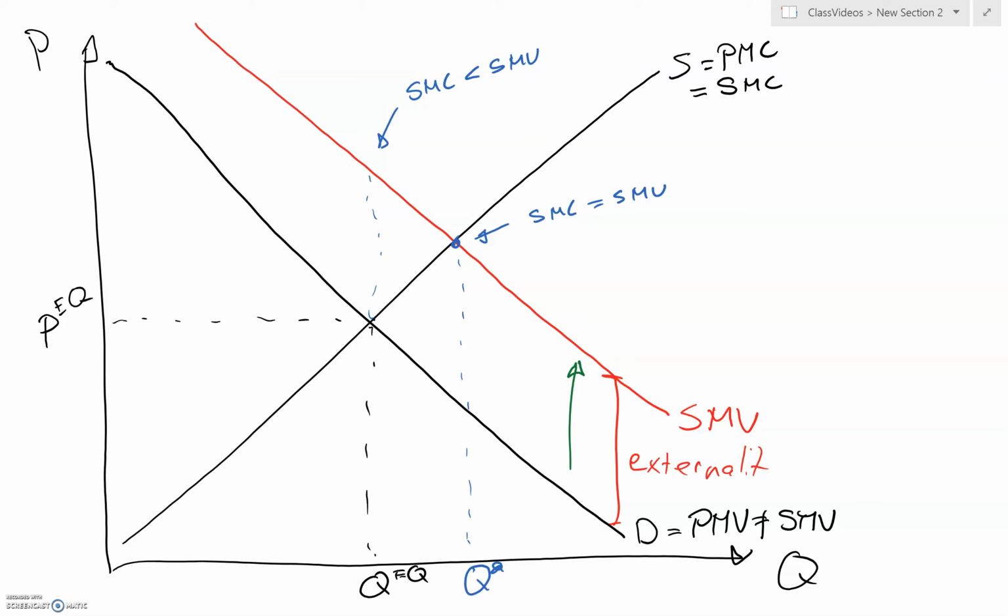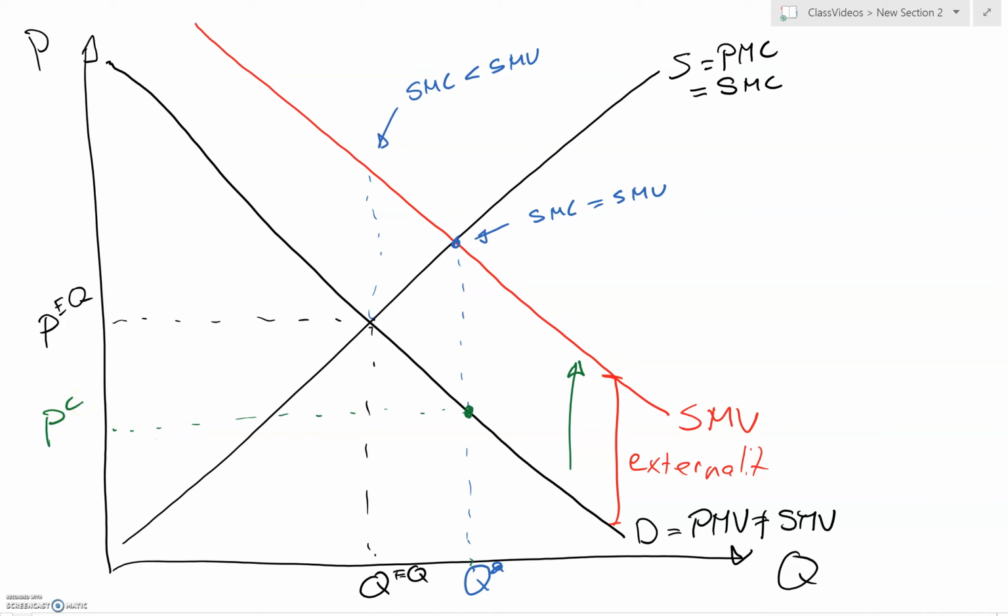So essentially, what the government needs to do is pin down a price consumers pay such that they choose Q star. The price consumers pay needs to be somewhere on the demand curve, where it intersects with this vertical line at Q star. So that's going to be over here. This is the price consumers pay.